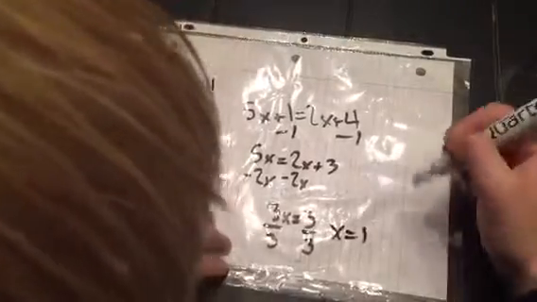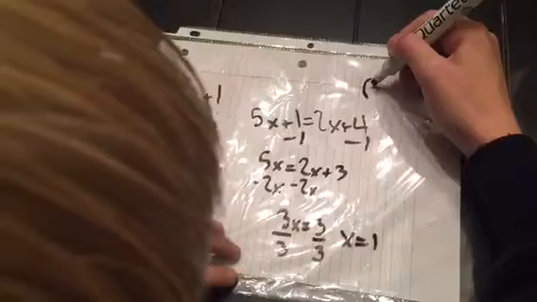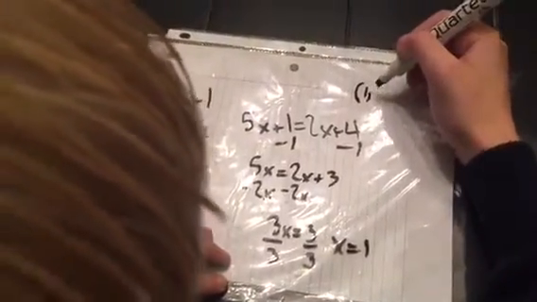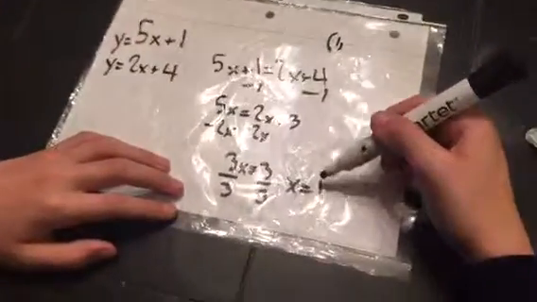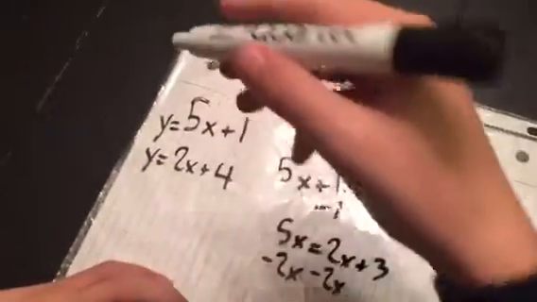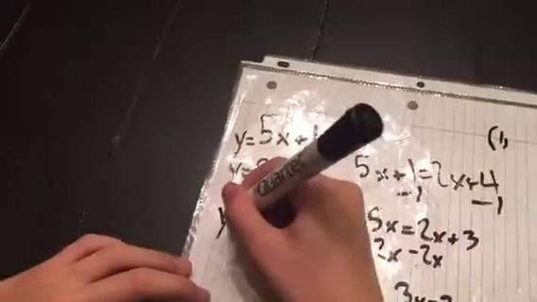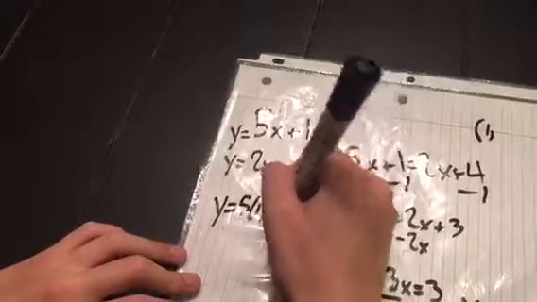Now we need to put this into a coordinate. Since x comes first in the coordinate, we have 1, comma, and now we need to solve for y. To do that, we plug what we know the value of x is into the equation, and now we don't have any x's, so then we can solve for y. So we have y equals 5(1) plus 1.